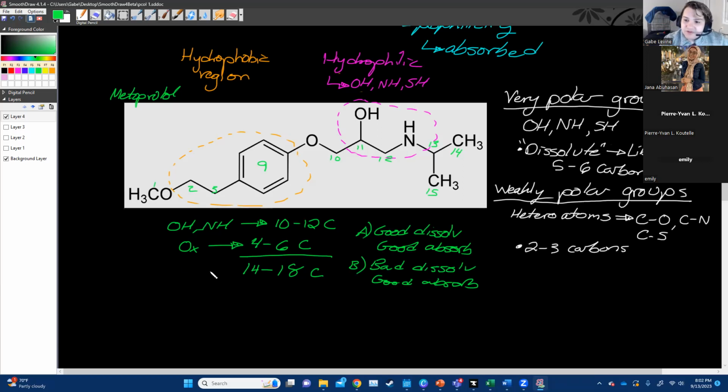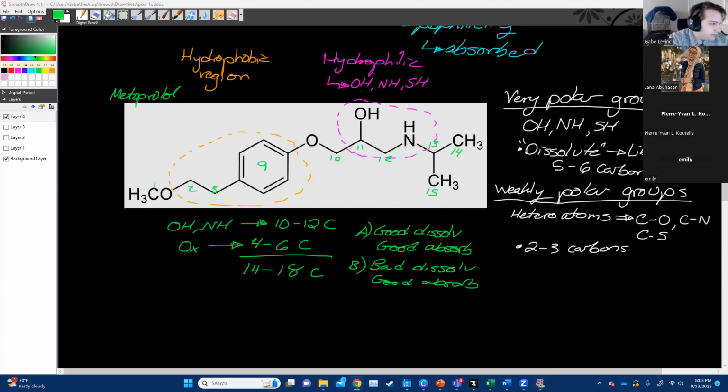So the reason why it was good at dissolving is because we contain OH, NH, or SH groups. And the reason why it's good at absorbing is because the number of carbons that can be solubilized is within this range, 14 to 18 carbons. Let's go through a different example.